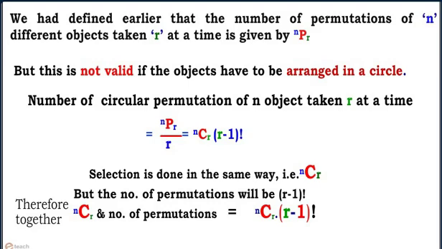Selection is done in the same way, that is nCr, but the number of permutations will be (r minus 1) factorial. Therefore, together, nCr and the number of permutations equal nCr into (r minus 1) factorial.